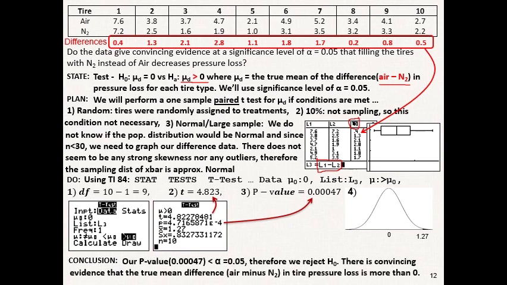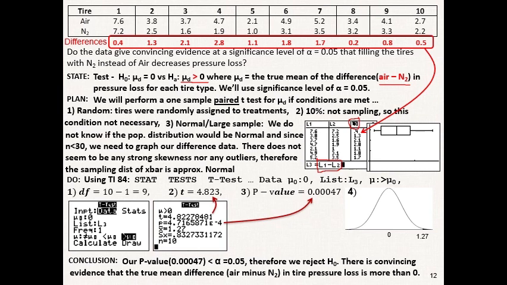All right, 3 components. Our p-value, and I actually put it down sometimes, but here it's pretty small. Our p-value of 0.00047 is less than our alpha of 0.05. Therefore, we reject the null hypothesis. And then the third thing is we have convincing evidence. The smaller the p-value is, the stronger the evidence against the null hypothesis.